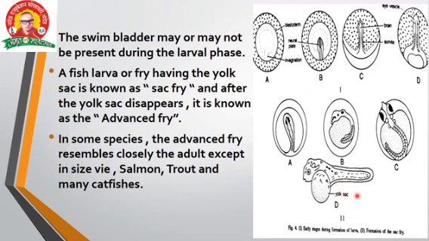The swim bladder may or may not be present during the larval phase. The fish larva or fry having the yolk sac is known as sac fry. This is figure one and figure two, the sac fry.